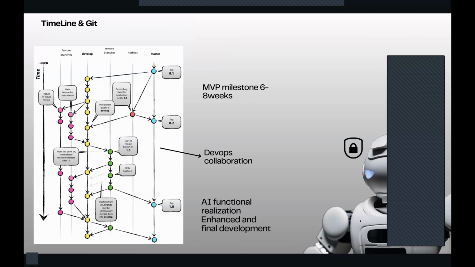And at this part, we will gradually include the AI functional realization and enhanced steps after the second stage, for the voice translation part and the AI functional realization part.